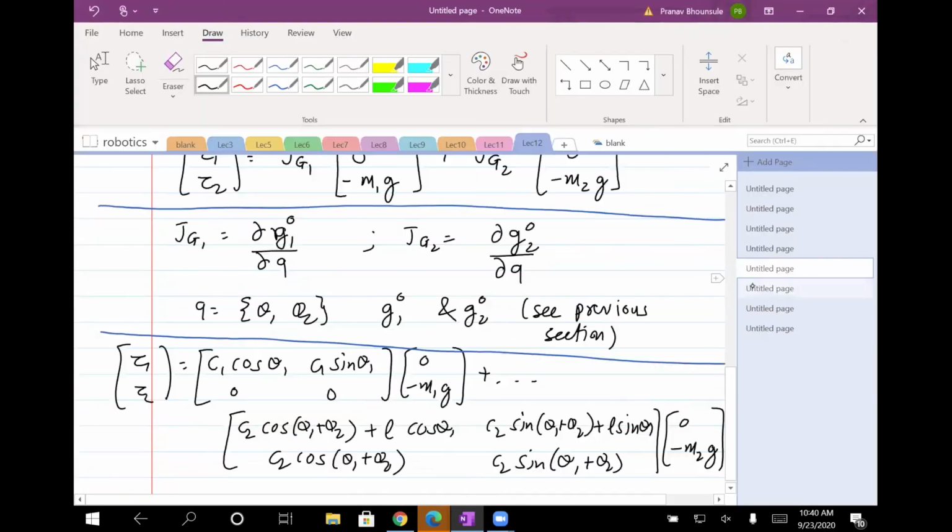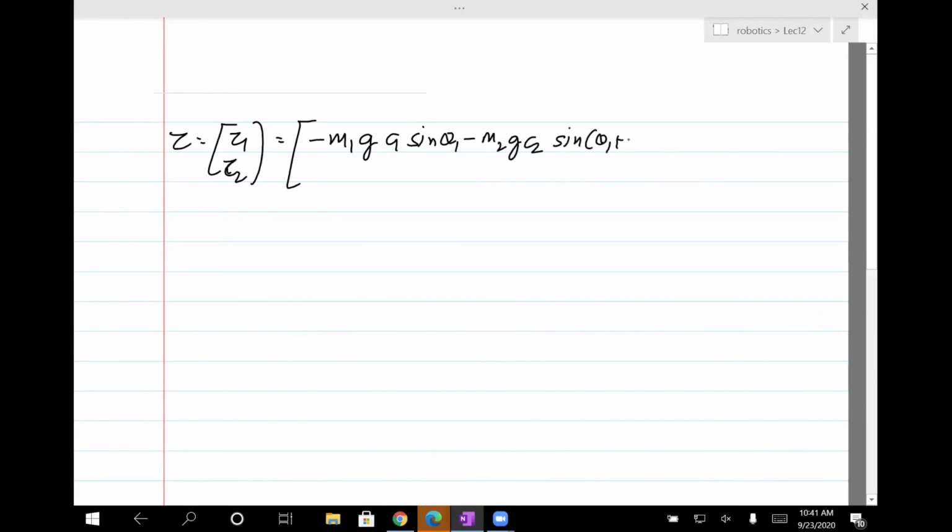I did it using the symbolic toolbox, and the final answer is: tau 1 equals minus M1G C1 sine theta 1, minus M2G C2 sine of theta 1 plus theta 2, minus M2G L sine theta 1.